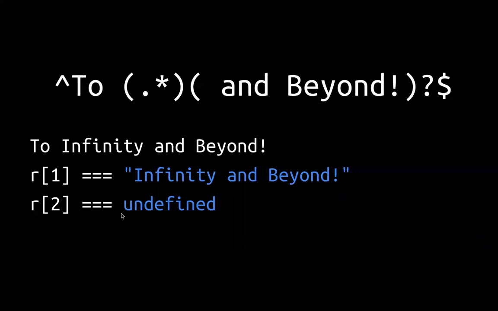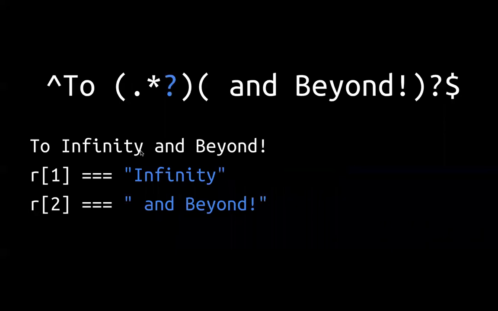So to fix that, if we really do want to just match this infinity or the store portion, the way we would fix that is put a question mark after the star. And putting a question mark after a star or a plus sign makes that star or plus stop being greedy.